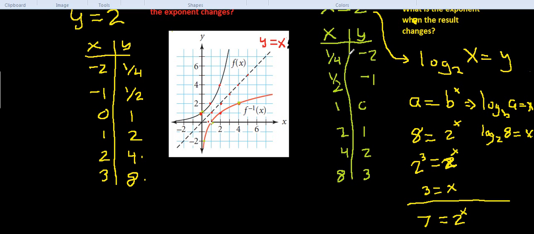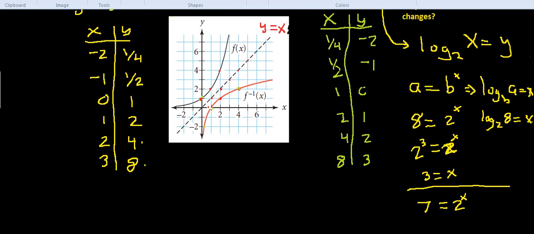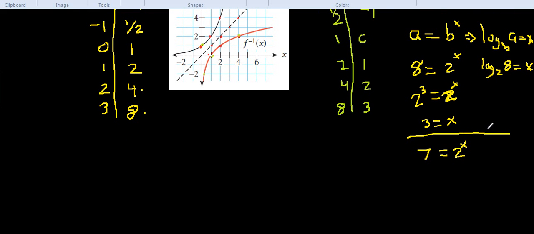So in this case, we can't have a common base. So we want to set this up as log base 2 of 7 equals x. And like I said before, we'll get into how to calculate this using the calculator, using what's called the change of base rule, and so on and so forth.